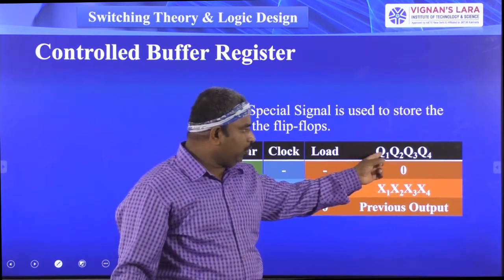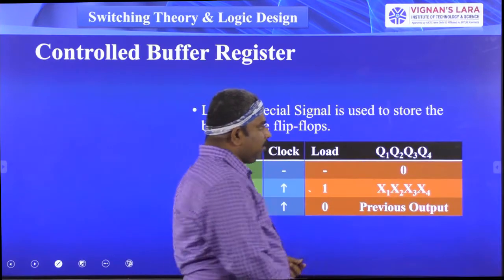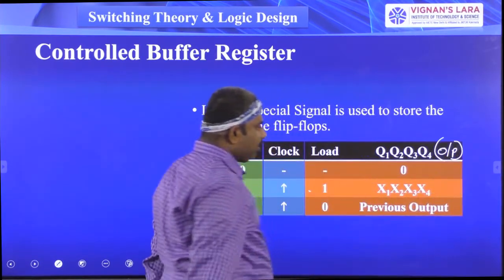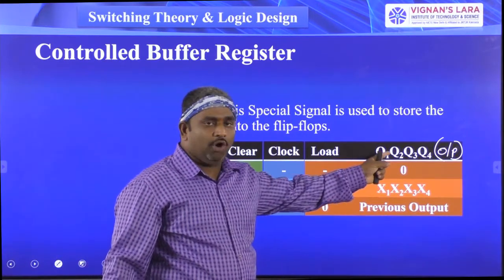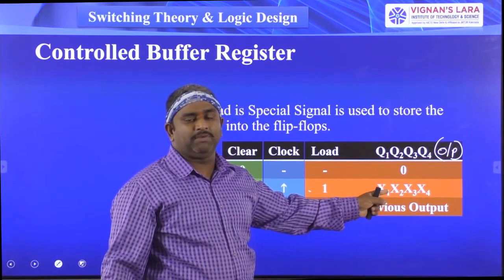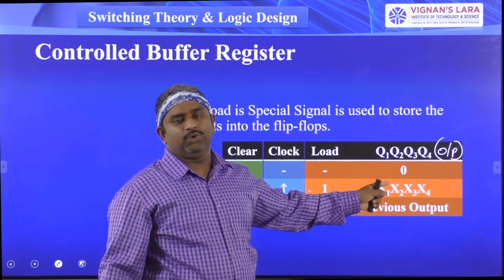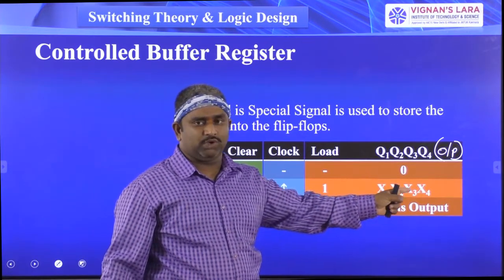See here, Q1, Q2, Q3, Q4. Remember, these four are the output signals. Whenever the load is equal to 1, the output follows the input. Here I am giving the input signals X1, X2, X3, X4.